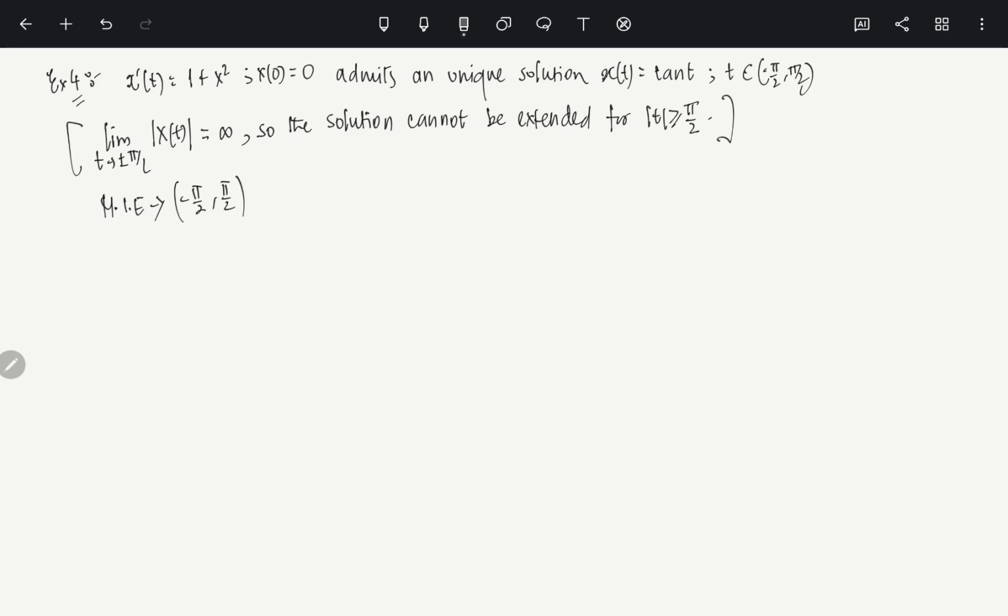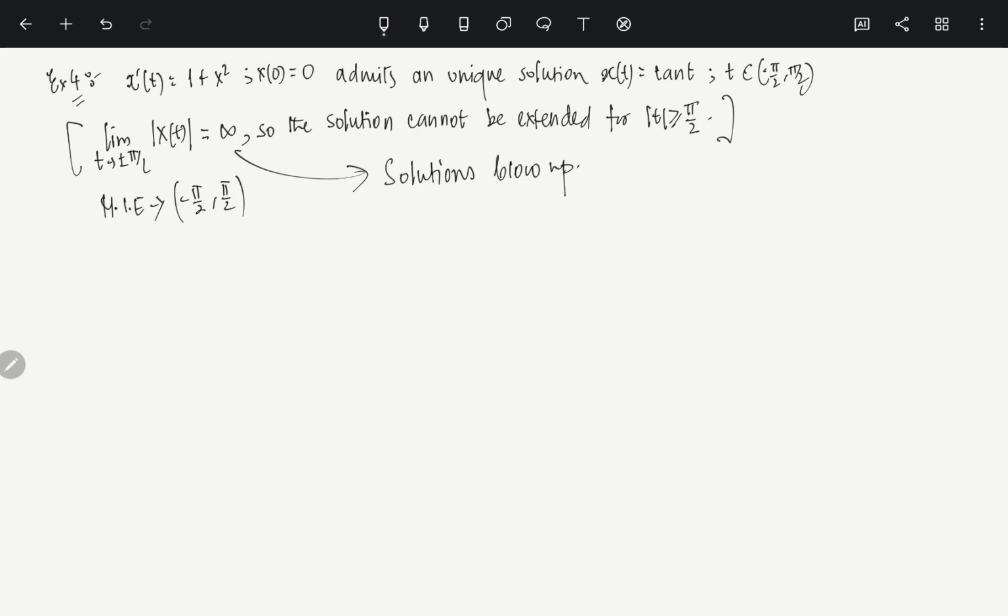So in this case, the solution is blowing up. Okay, so the solution blows up. This is the most important criterion, generally speaking, for finding the maximum interval of existence in most cases. This is the criterion which we look for: solutions blow up.